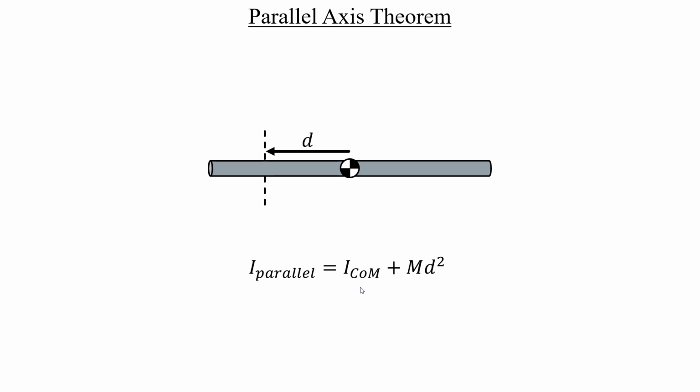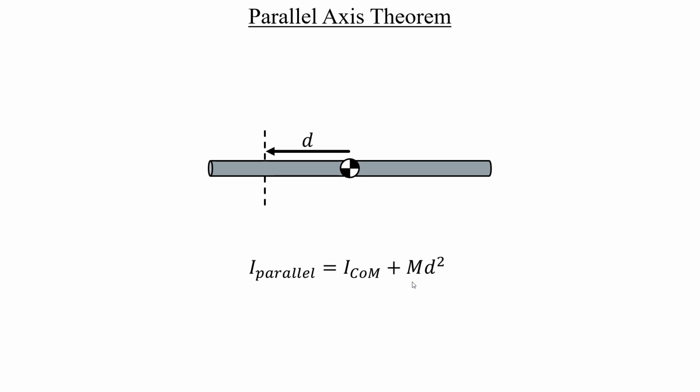Well, the first one is the moment of inertia about an axis through the center of mass. Okay, so like the first thing we saw, where the dotted line was going straight through the very center. And then we have a term here that's a product of two variables.